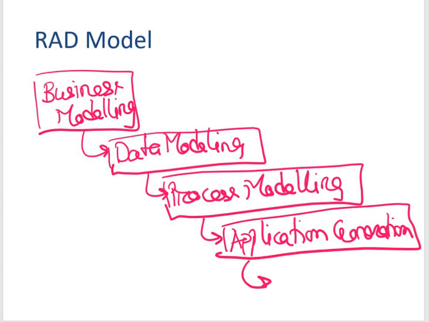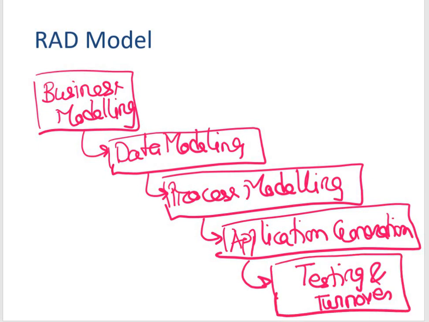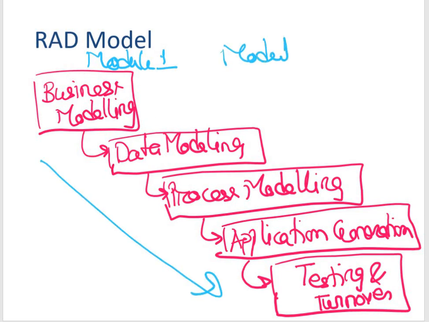After application generation, we have testing and turnover. And the same thing continues for various modules. Like if I have module 1, I'll go ahead with this. I'll have module 2, I'll once again go ahead with the same process, and so on and so forth.